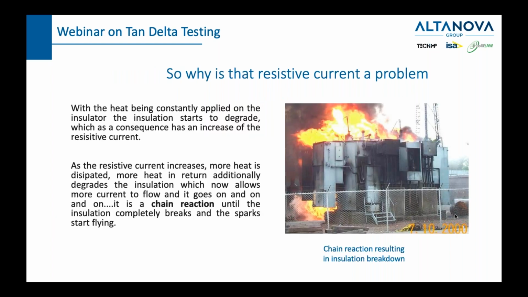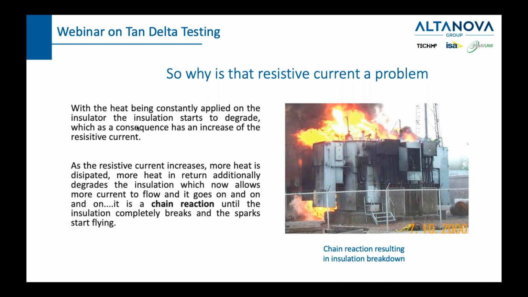We need to do that so that we don't have a problem like this poor transformer has, where heat constantly being applied on the insulator starts to degrade it, which as a consequence increases the resistive current. But as the resistive current increases, more heat will be dissipated, which will in return damage the insulation even more, and it will allow more current to flow, and so on and so on.